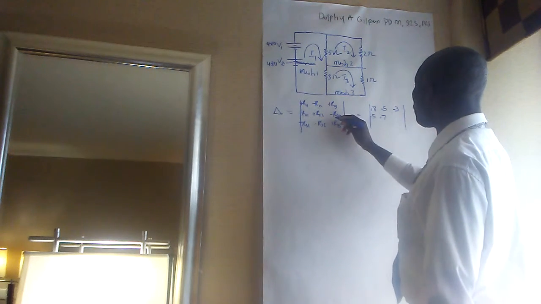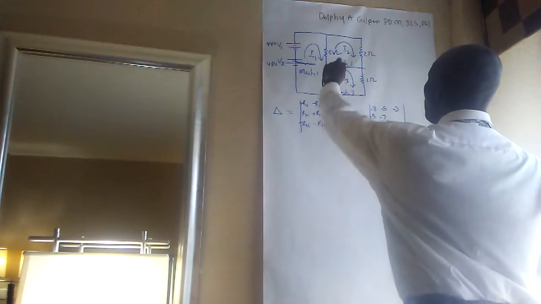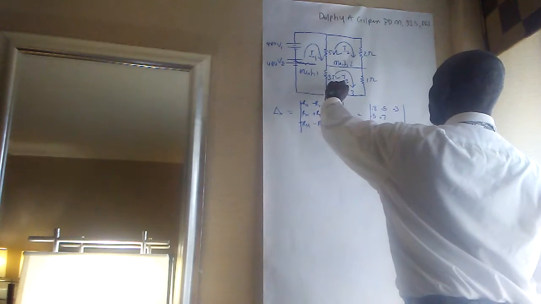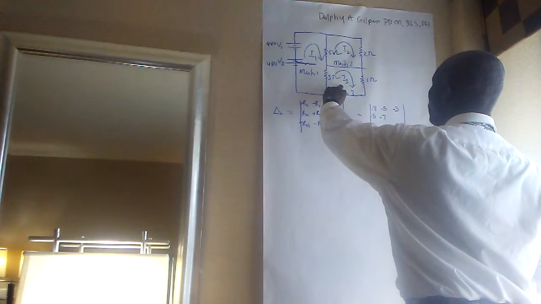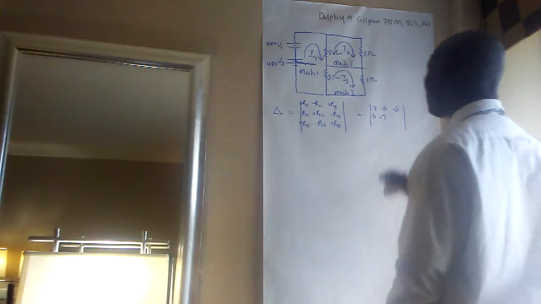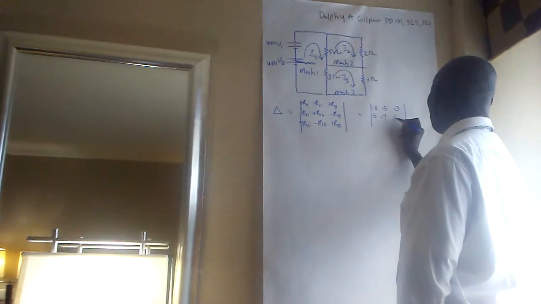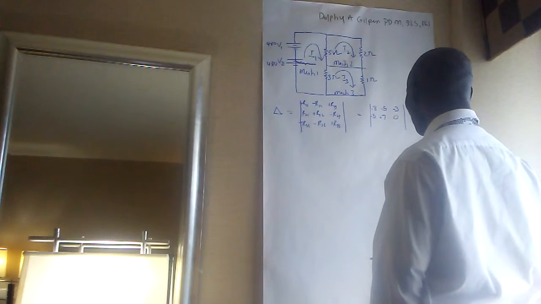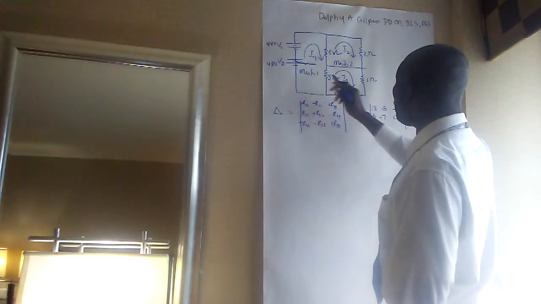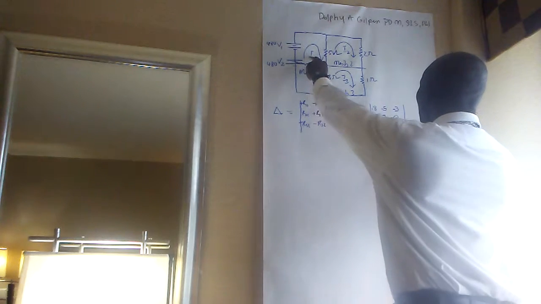And R23, rather, resistance common to mesh 2 and mesh 3. There's no resistance common to mesh 2 and mesh 3 here. So that's 0. Now R31, resistance common to mesh 3 and mesh 1 is 3 ohms.